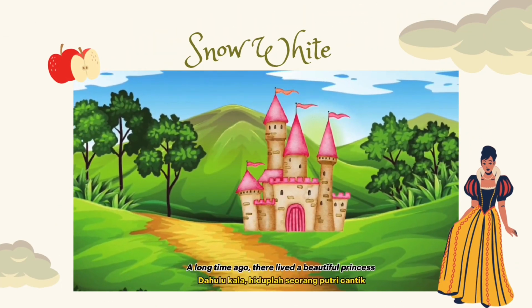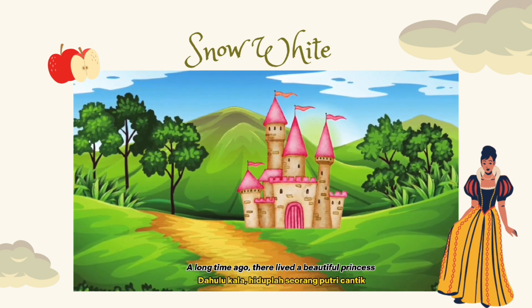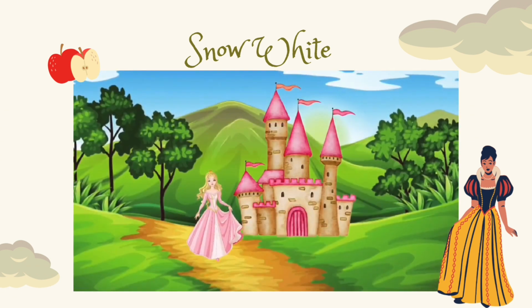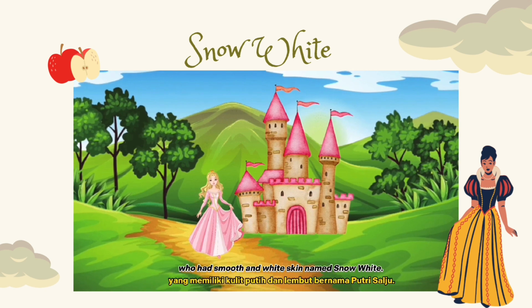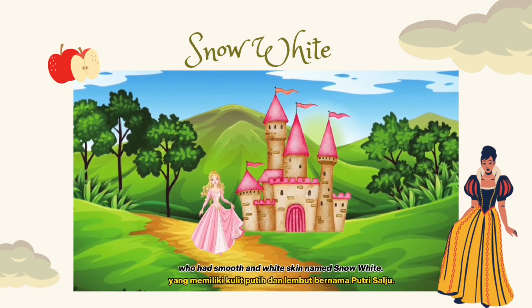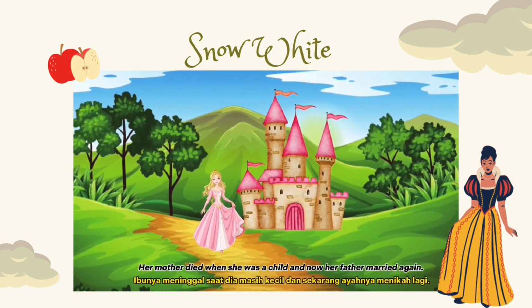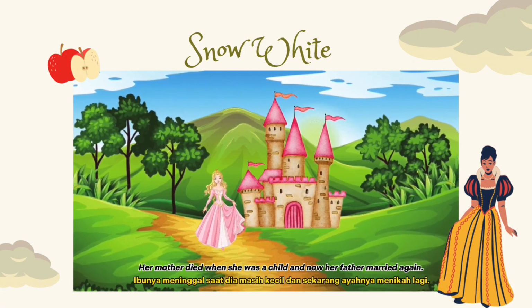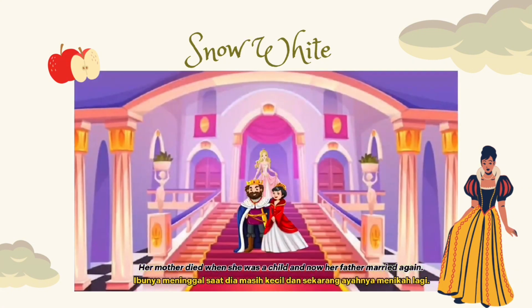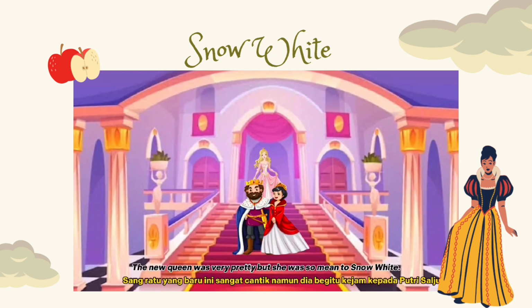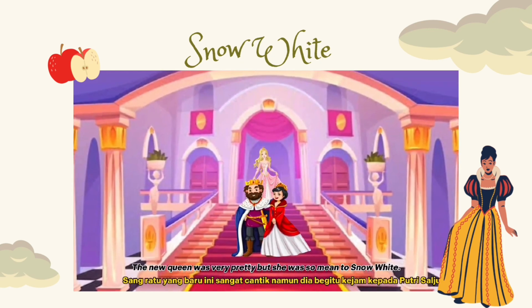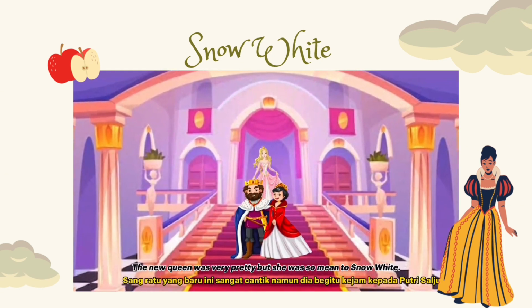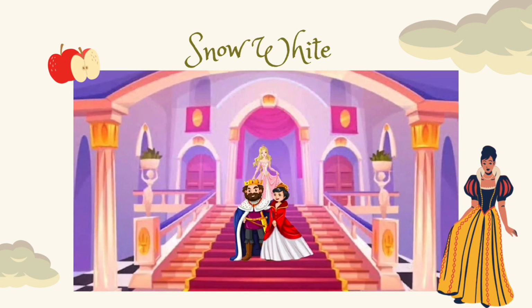A long time ago, there lived a beautiful princess who had smooth and white skin named Snow White. Her mother died when she was a child, and now her father married the king. The new queen was very pretty, but she was so mean to Snow White.